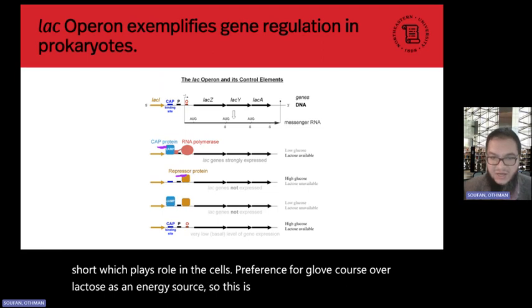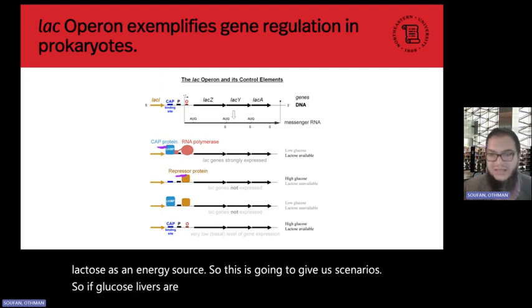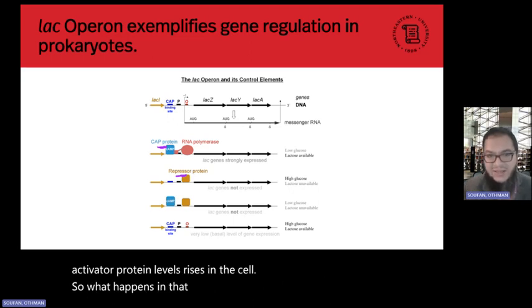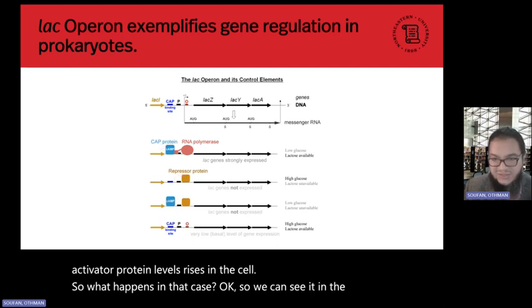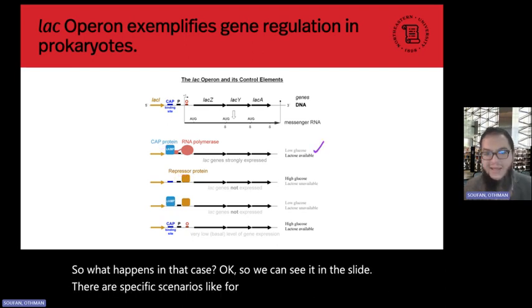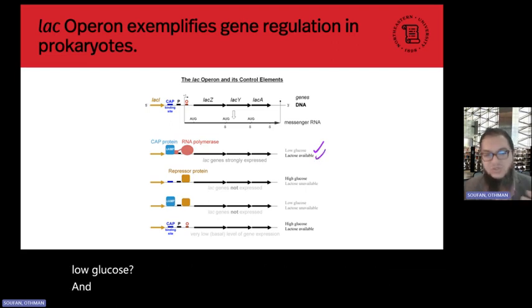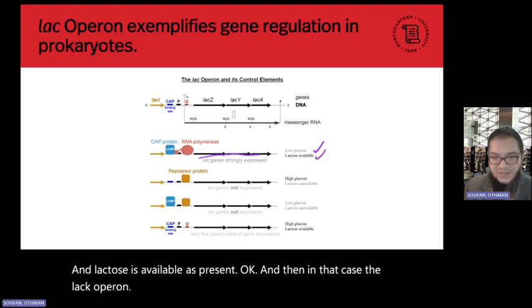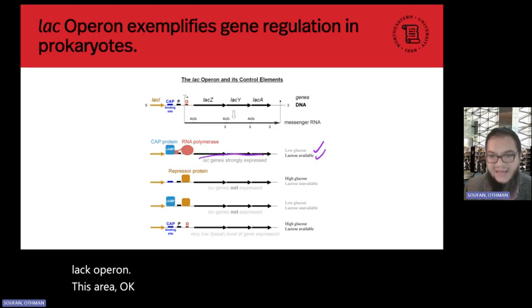So this is going to give us scenarios. If glucose levels are low, the cyclic AMP levels rise in the cell. So what happens in that case? We can see here in the slide there are specific scenarios. For example, what if we have low glucose and lactose is present? In that case, the lac operon, this area, is transcribed at high levels.